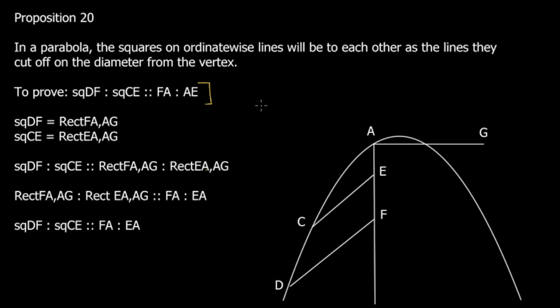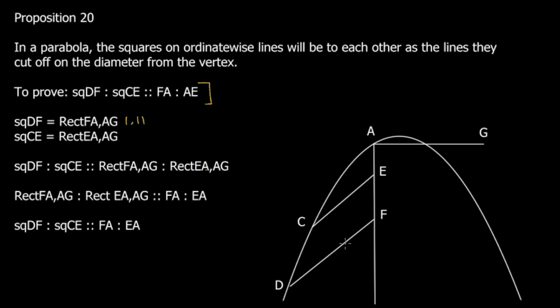Anyway, we want to get to this relationship eventually. So what we're going to do is talk about what we already know, which is what I just said. The square on CE is equal to the rectangle AE, AG. That's by Proposition 111.